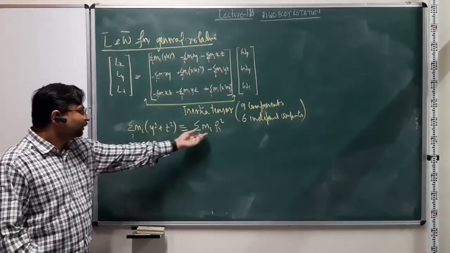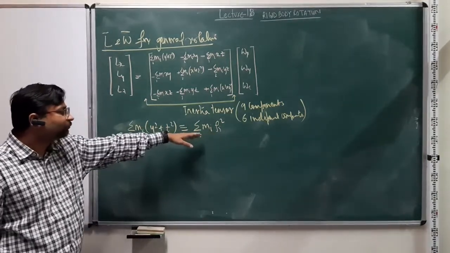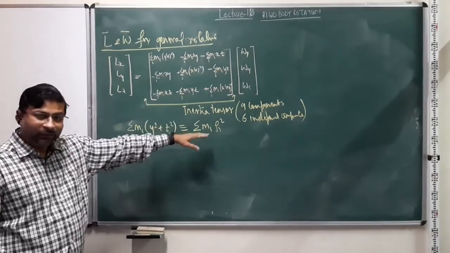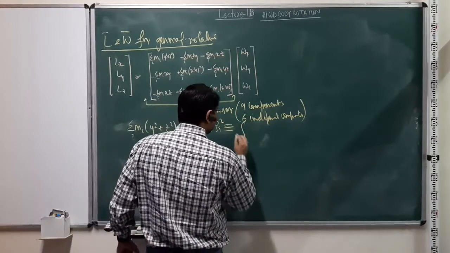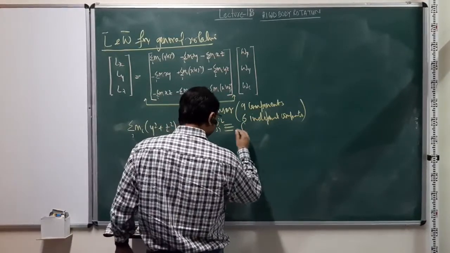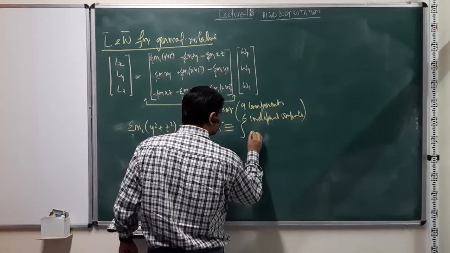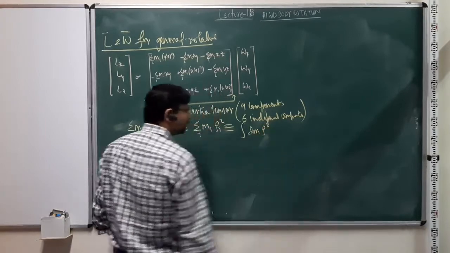So this is the same as sum over i m r square, and we can also write it for a rigid body in integral form as integral dm rho square.